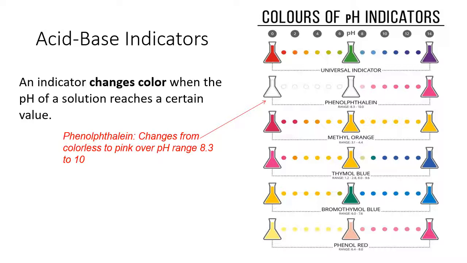Often in this class, we use something called phenolphthalein. Phenolphthalein changes from colorless to pink in basic pHs, usually right around 8.3, but up to a pH of 10. It'll start as a very faint pink and eventually get to a hot magenta color.